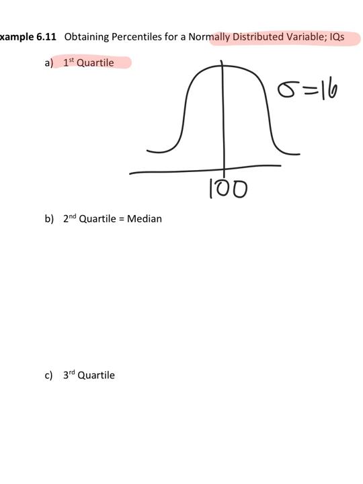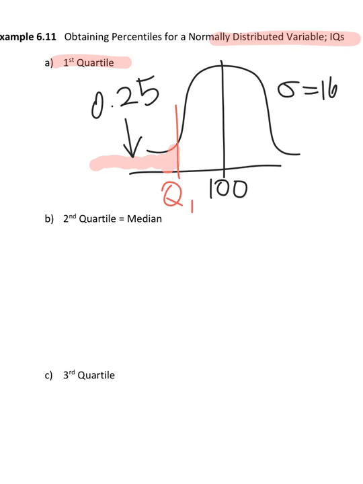To the left, yes, here. Why? Because the definition was, how much was the probability less than the first quartile? 0.25, 25%.